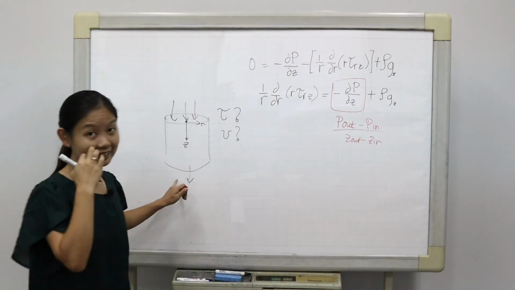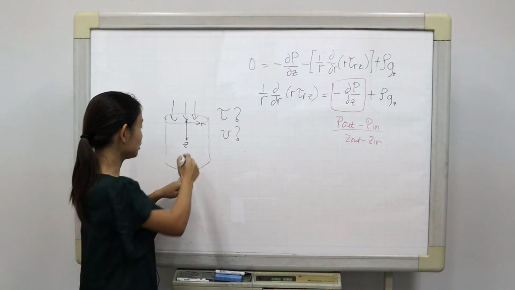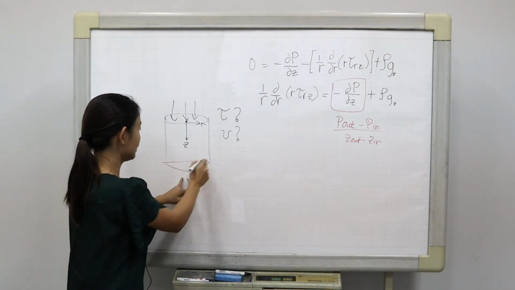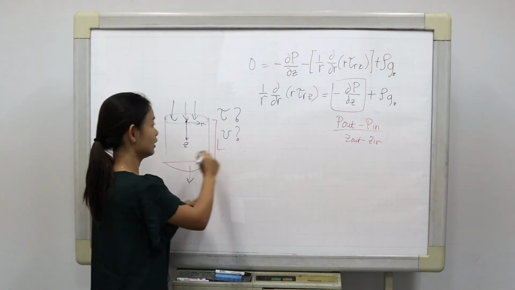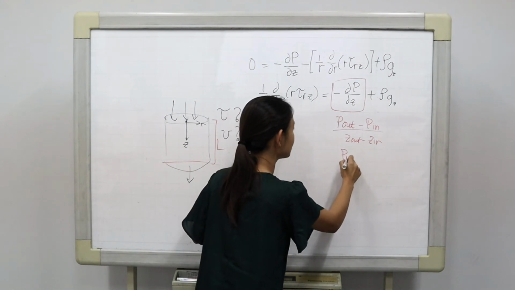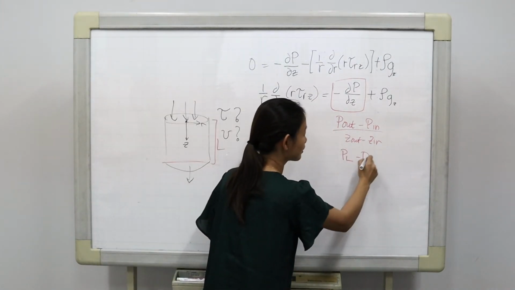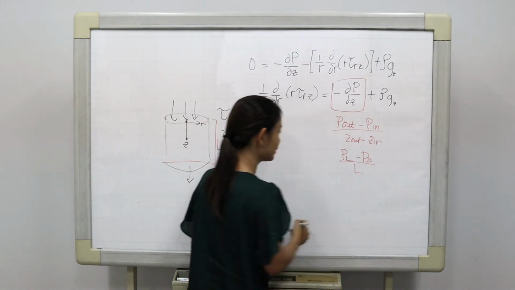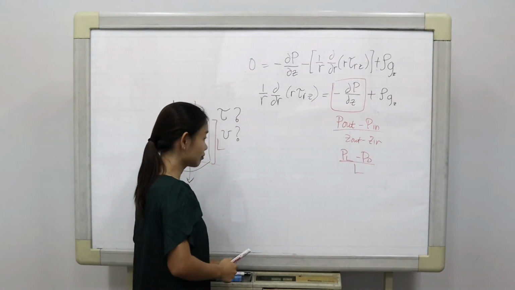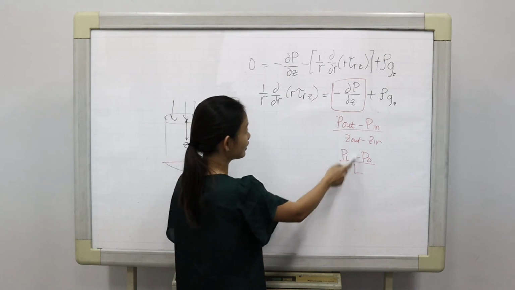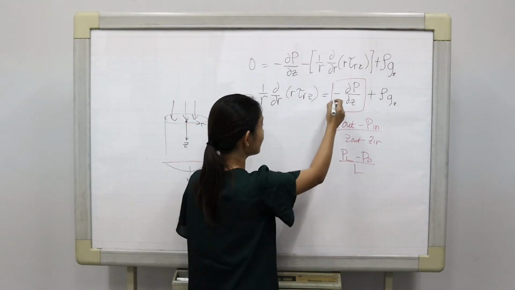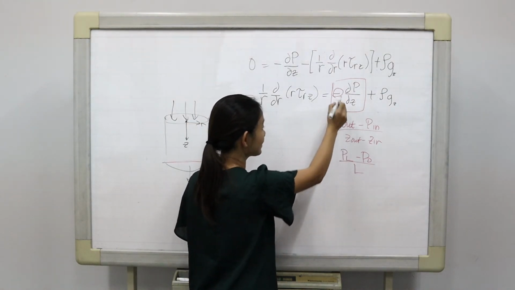If you look at this, the pressure out here is PL, and the pressure in here is the P0 over L. Now please note that we have minus here.